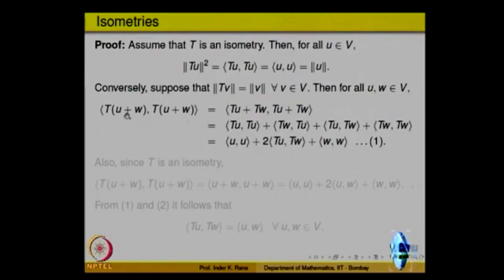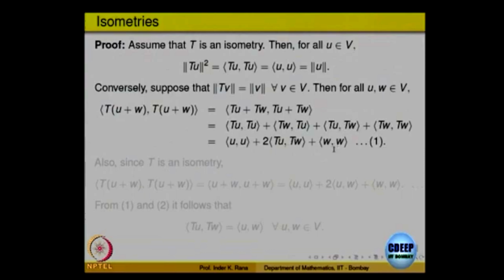T is linear, so this will be Tu plus Tw, and this also will be Tu plus Tw. Use the property that the inner product is linear in both arguments, expand, and you will get these four terms. Two of them are common, so it gives you the inner product of Tu with Tu, plus 2 times the inner product of Tu with Tw, plus the inner product of Tw with Tw.